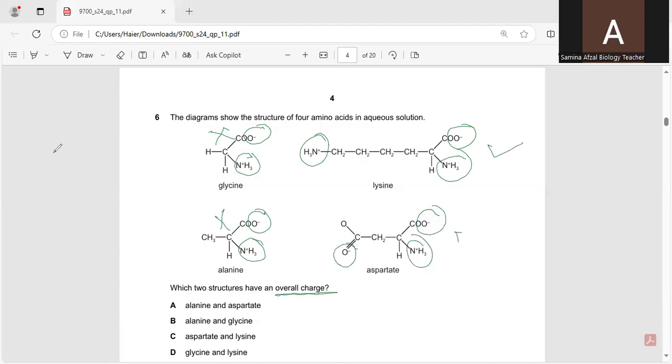So it can also be part of the answer. So A, alanine and aspartate, no. Alanine and glycine, no. Aspartate and lysine, C. And glycine and lysine, no. So C is the correct option of question number 6.